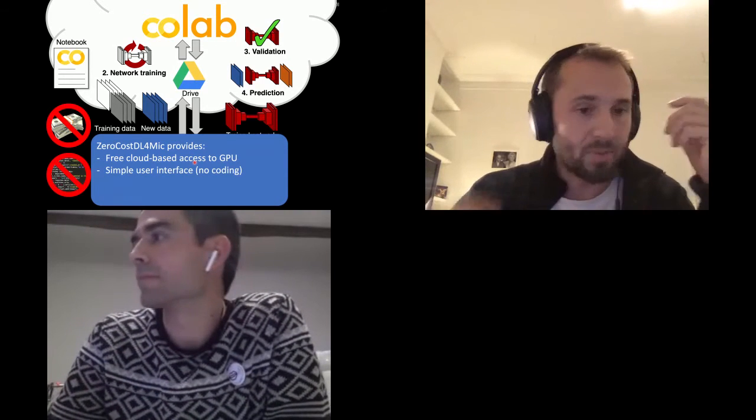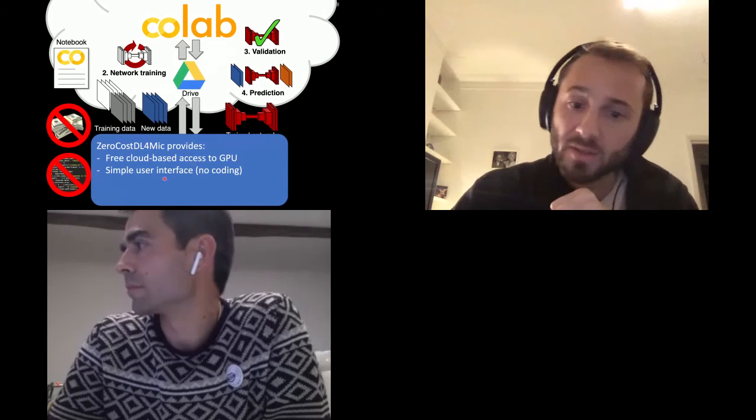Second is a completely simple interface, and you'll see that in a second when we switch to the demo. It requires literally no coding, but the code is absolutely accessible if you wanted to dig into how things work.